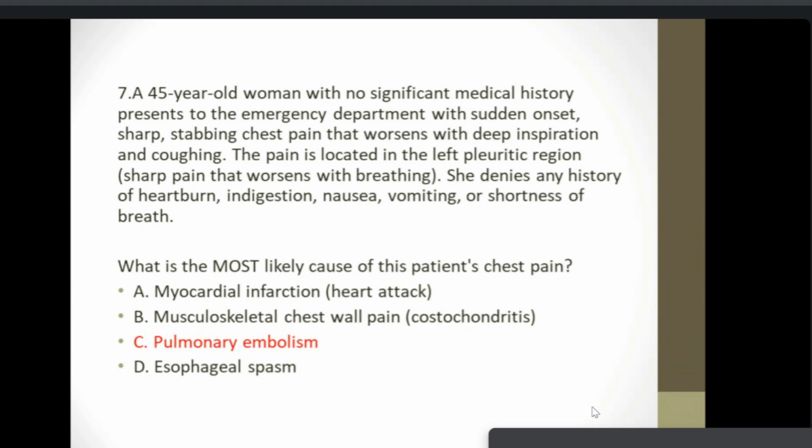And additionally, the lack of risk factors, like no prior medical history, makes this answer less likely. So the correct answer is pulmonary embolism. This perfectly fits the description. Pulmonary embolism often causes a pleuritic chest pain, which worsens with breathing and can occur without prior medical history.